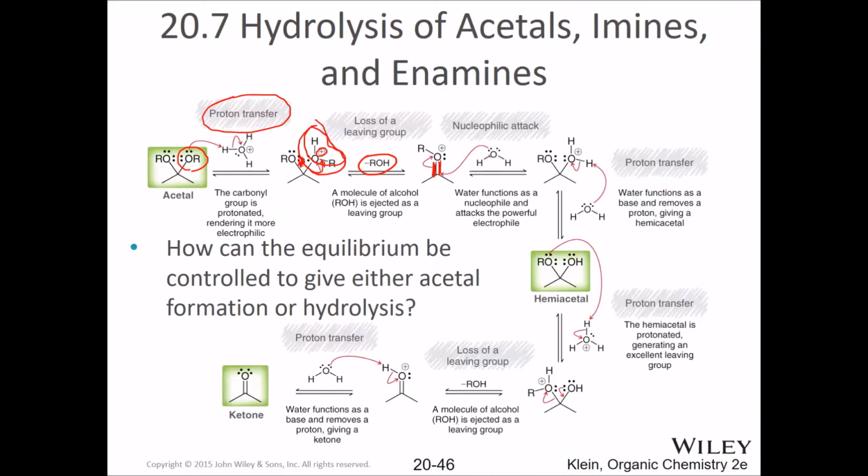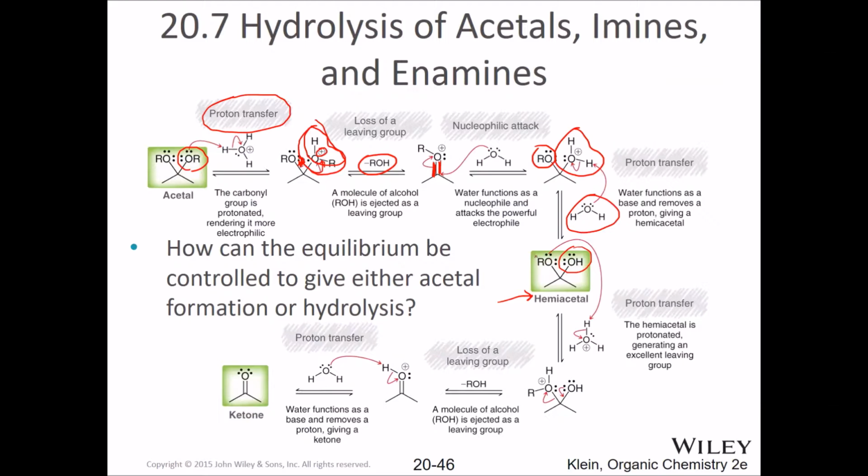It's exactly the opposite of what we saw when we were making the acetal. Because the water molecule was leaving, remember that? Well, here the water molecule comes back in, and there's your water molecule that came in, right? And you know you want that water molecule on there because you got to get rid of this guy, right? So let's deprotonate that with another water molecule and make it stable. Okay, there's a hemiacetal, right?